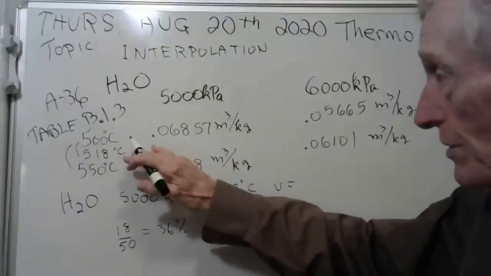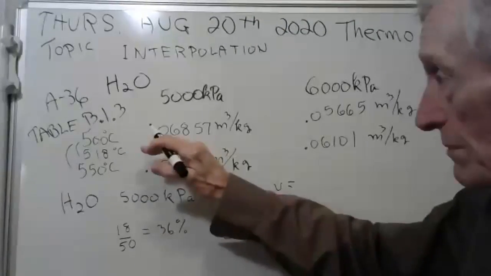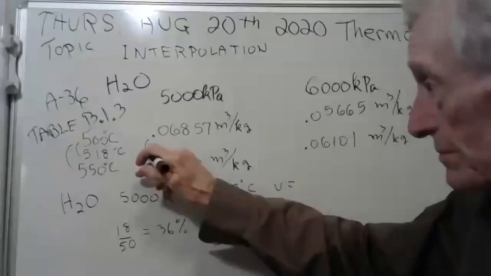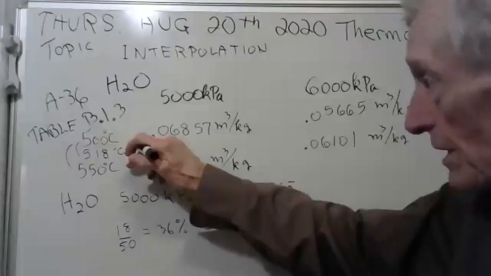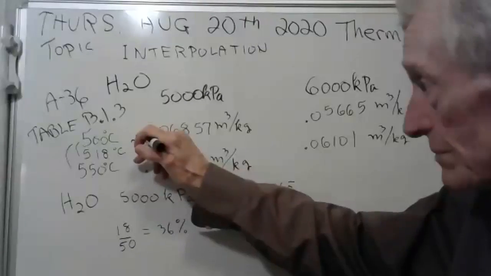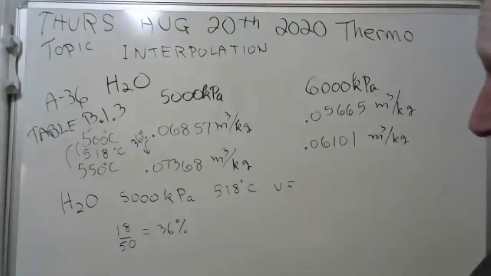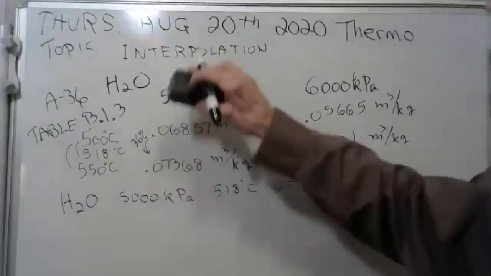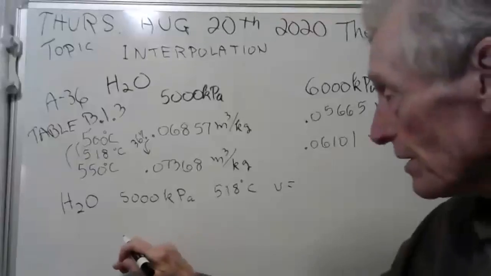We want to take 36% of the distance between these numbers. We want to take 36% and add it on. Okay, I can do that. Here, let me write it out for you. They call this interpolation. It's really not hard.